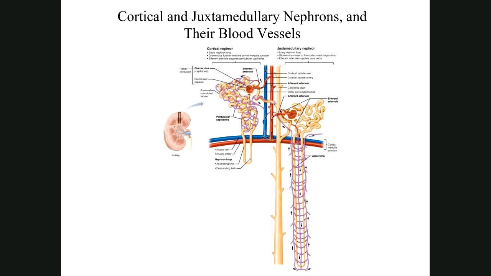Afferent arterioles enter the glomerulus and leave via the efferent. So the afferent are coming in and leave via the efferent.